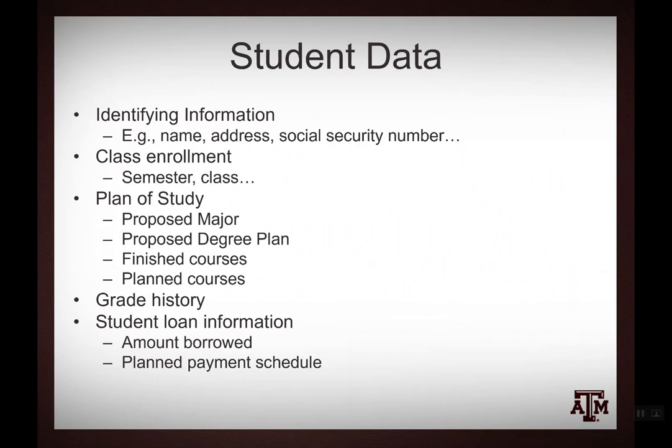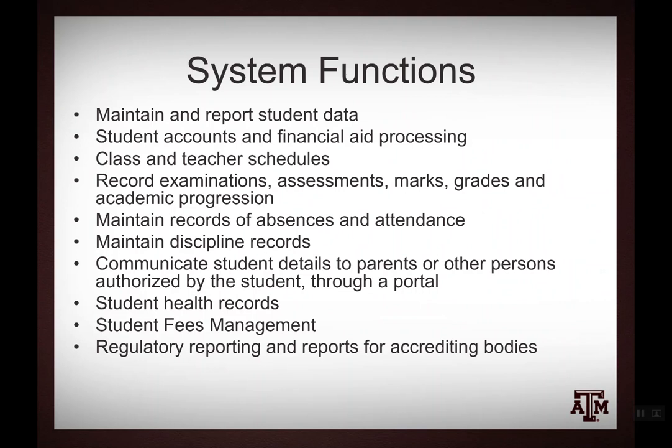Your grade history, ding, ding, ding, ding, obviously high criticality. Student loan information, high criticality. Student medical information, high criticality. So here's what I want you to be thinking of. The system has to maintain and report student data. You can read the list, it has to take care of student accounts and financial aid processing, class and teacher schedules, record examinations, assessments, and the like through that list.